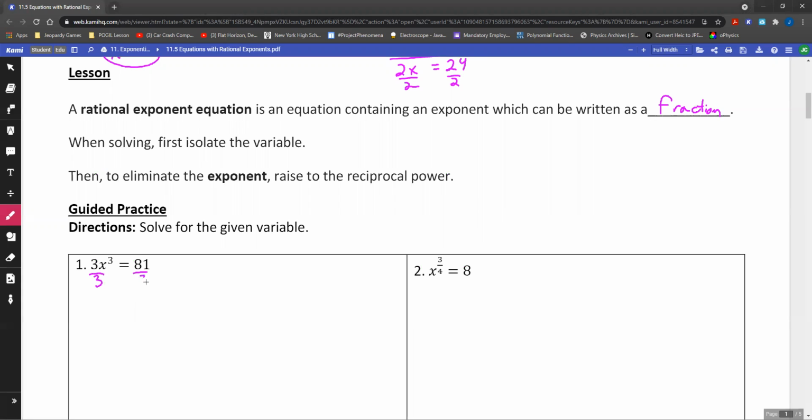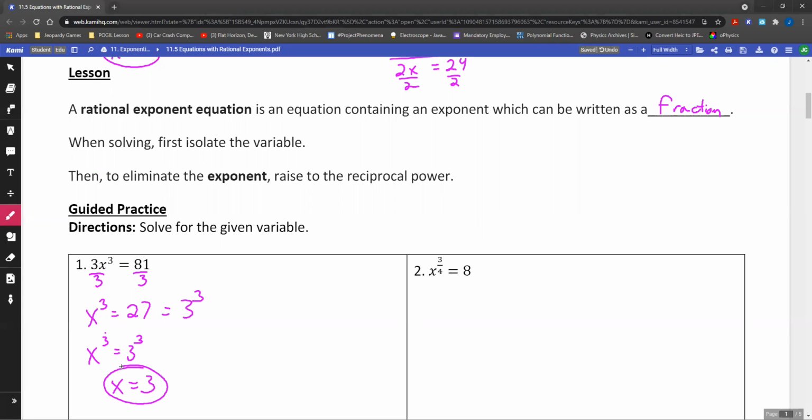So this 3 can be divided out, and we end up with this. x cubed equals 27. Now we know that 27 can be rewritten as 3 cubed. This is similar to what we've done before, except this time it's the exponents that are the same, which means I can ignore them and say that x has to be equal to 3.